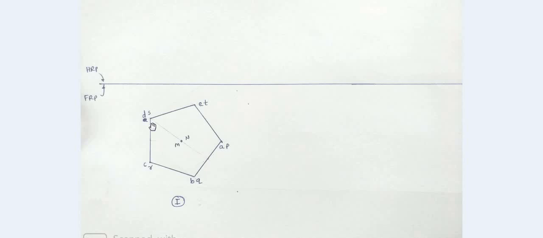Now here the condition with respect to HRP is given that one of the corners of the base will be in HRP. That's why while drawing this pentagon, we have to take care that one of the corners of the pentagon remains free on the right hand side or left hand side.